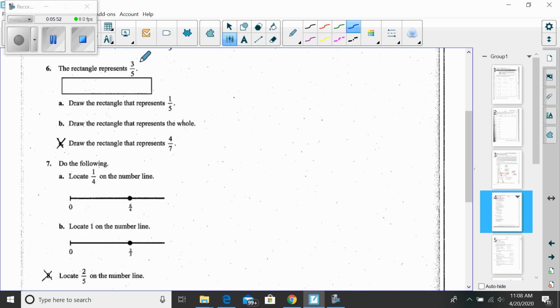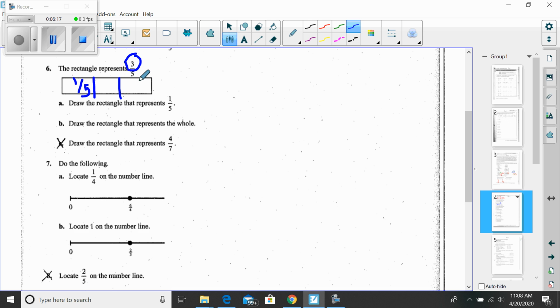All right, in number 6, I have 3 of these things that I call fifths. When the diagram shows the fraction, we divide up into the numerator number of pieces. Each one of these is a fifth. Then if I want to sketch the whole, how did I know to put 2 more pieces?